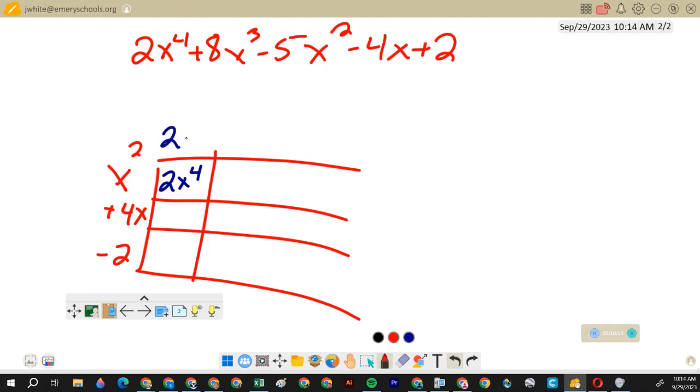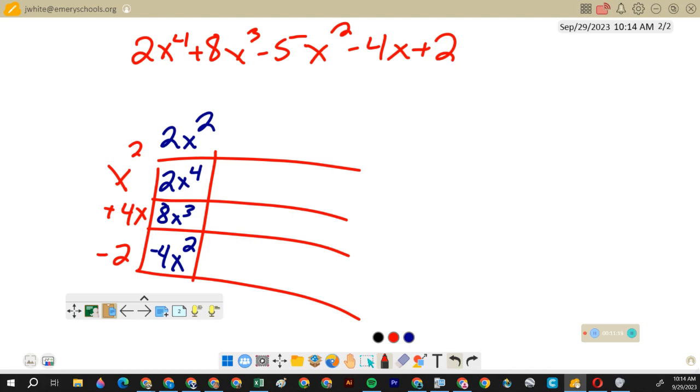I get 2x squared. Everybody okay there? 2x squared times 4x is 8x to the 3rd, and 2x squared times negative 2 is negative 4x squared. Everybody good?